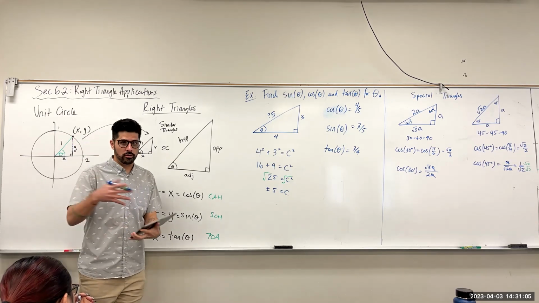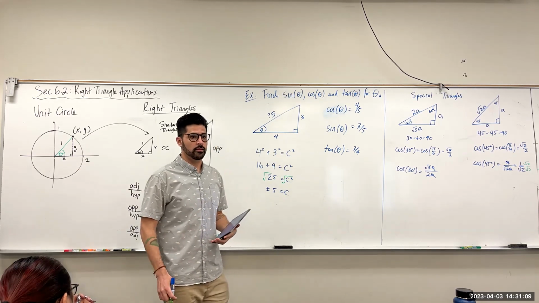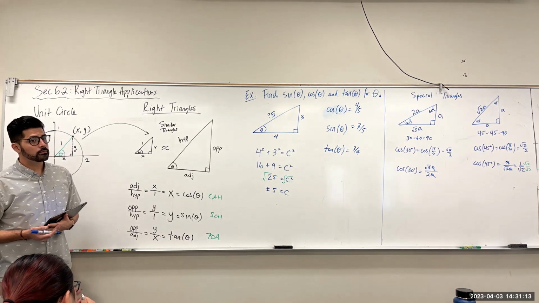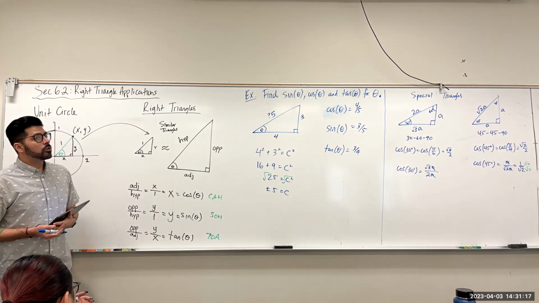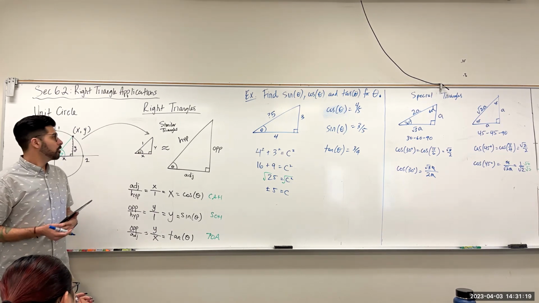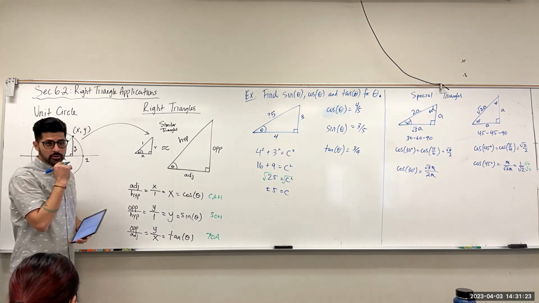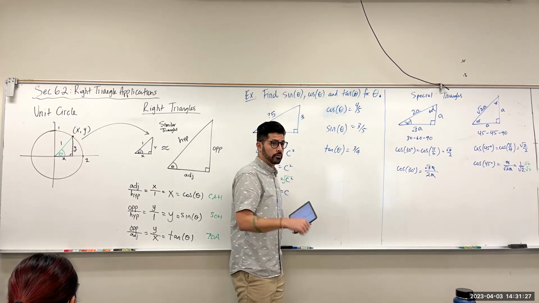So it's a little bit of both, and that's why I wanted to go over applications so you guys can see the other side. Are you going to teach trig that doesn't involve right triangles, like just regular triangles? We'll do a little bit of both, but I emphasize this more because this is where the students struggle the most, especially when we get to the graphs of the trig functions.